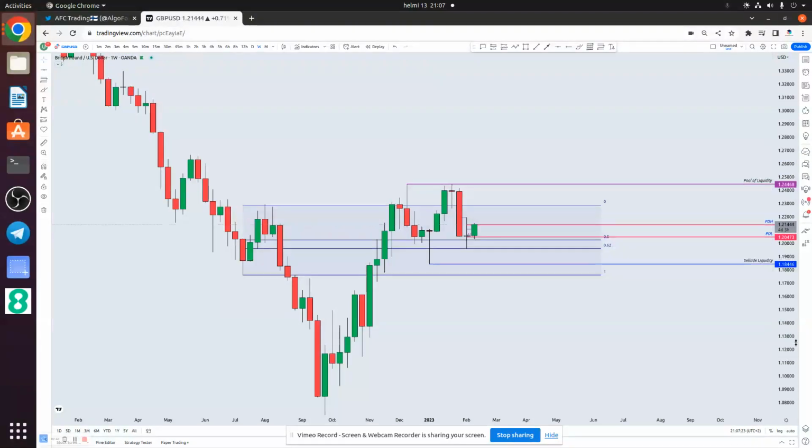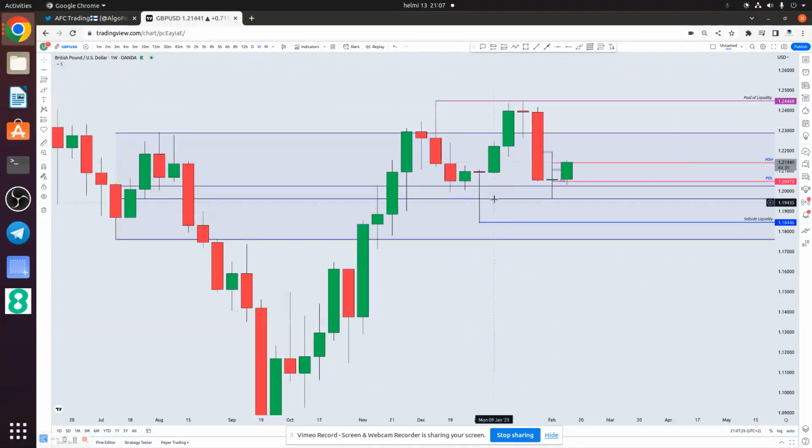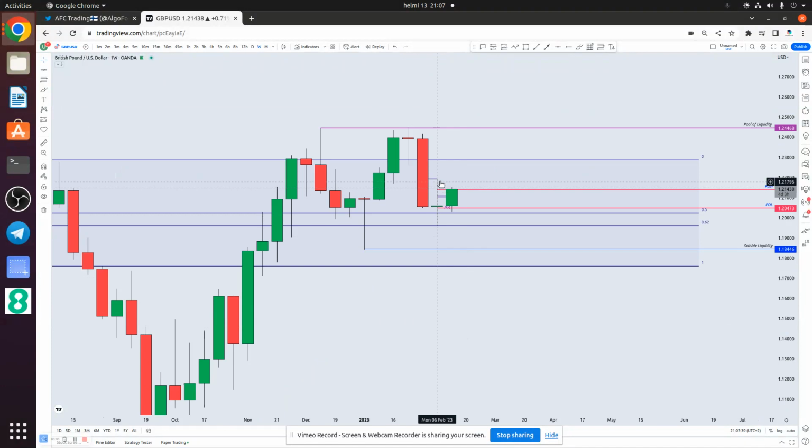You can even see, if I zoom in, there was this candle right here that tried to push down but then retraced all the way back to close above this area. And then this candle, which was last week, tried to push down, then closed above.